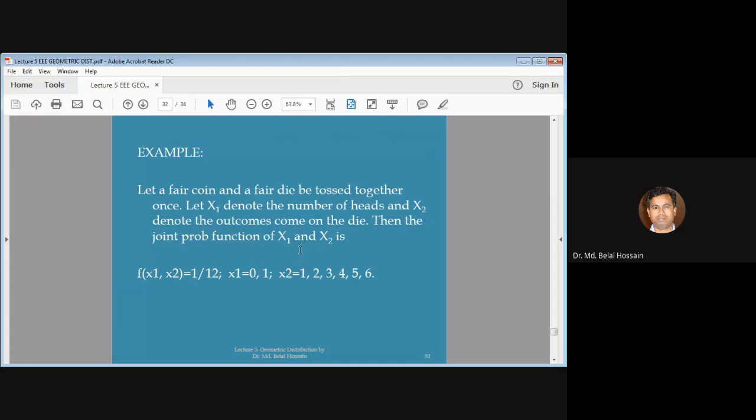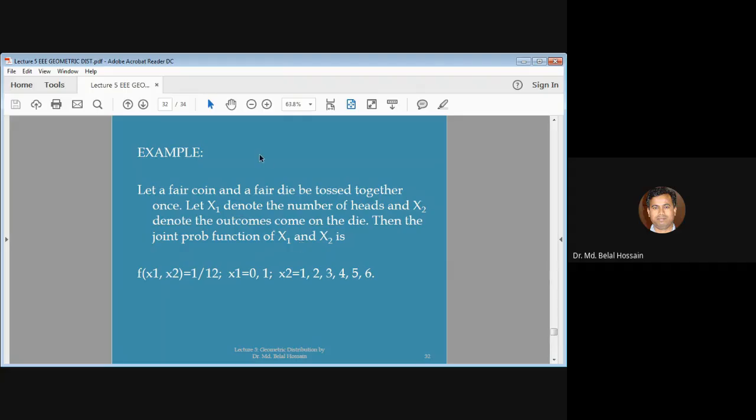Let a fair coin and a fair die be tossed together. Let x1 denote the number of heads and x2 denote the outcome on the die. A fair coin has 2 possible outcomes, head and tail, a fair die has 6 possible outcomes, 1, 2, 3, 4, 5, 6.